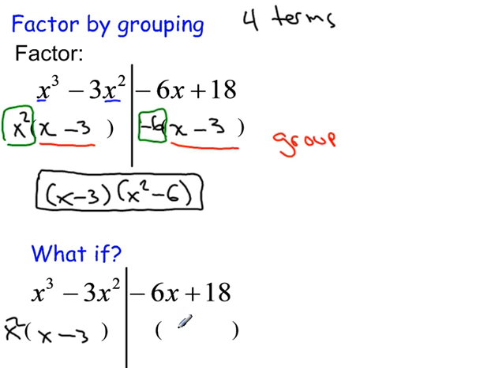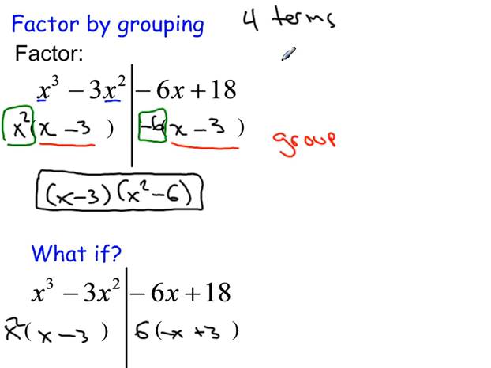Okay, now when you get here, what if instead of factoring out a negative 6, you factored out a positive 6? Then you would have, inside the parentheses, negative x plus 3. Can you still group the x minus 3 and the negative x plus 3?